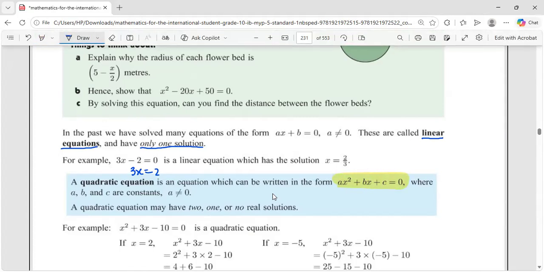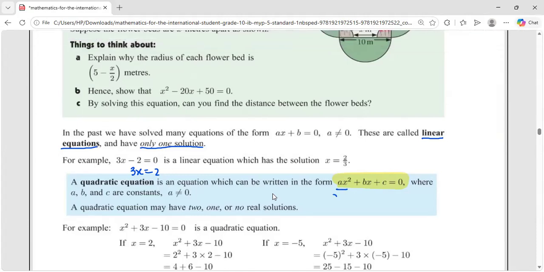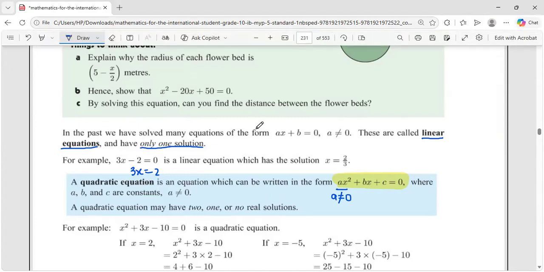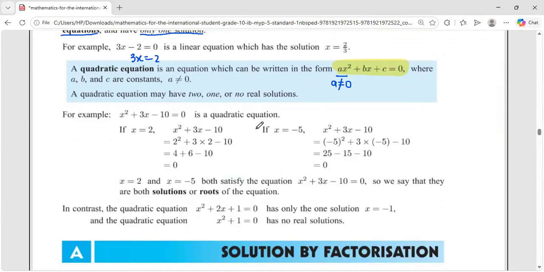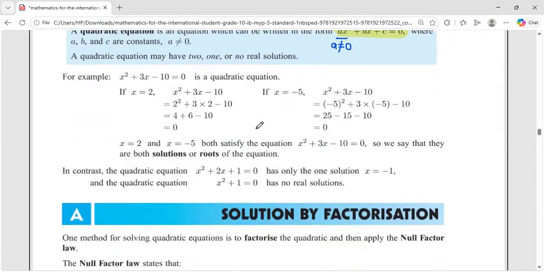There is a special condition that a, the coefficient of x square, should not be equal to 0, because if this becomes 0, then we are just talking about a linear equation. A quadratic equation may have one, two, or no real solutions. We will talk about these real solutions and how to find them, but I wanted to recall what a solution of an equation means.